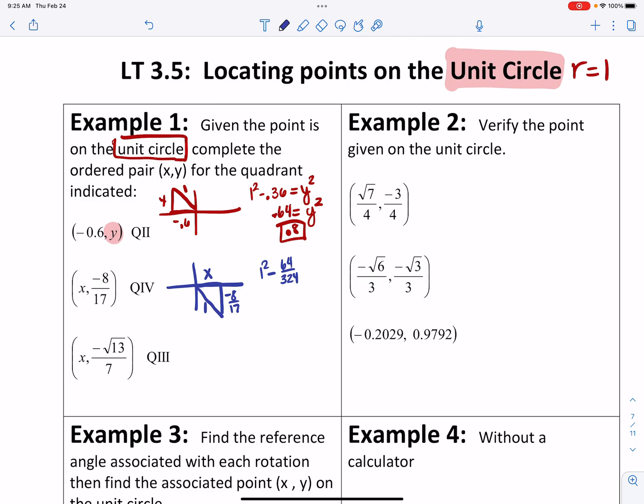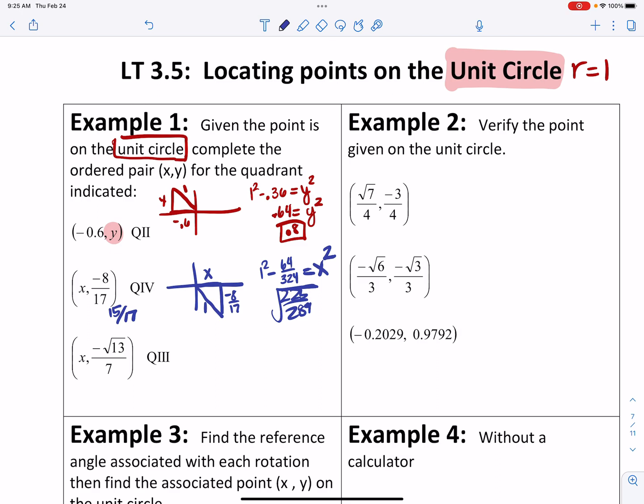So if I do that on my calculator, I get 225 over 289, and that's what x squared is equal to. So then I would square root that, and my answer would be 15/17.